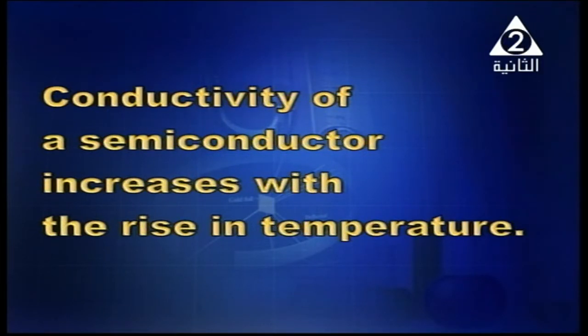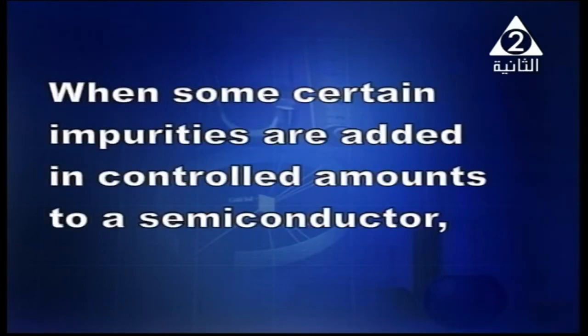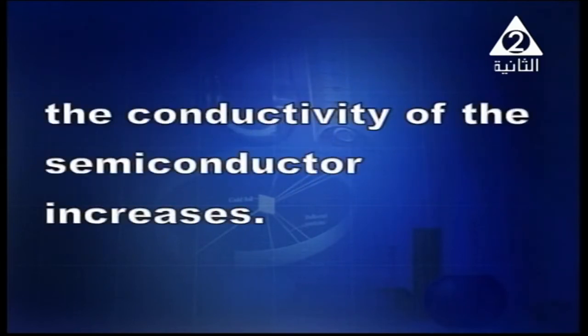The second factor affecting conductivity is the addition of impurities, the presence of certain impurities. When certain impurities are added in controlled amounts to a semiconductor, the conductivity of the semiconductor increases.